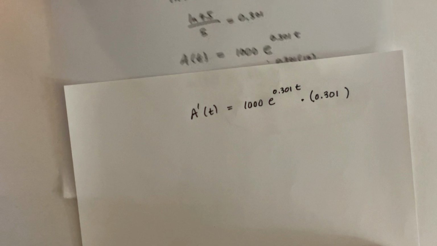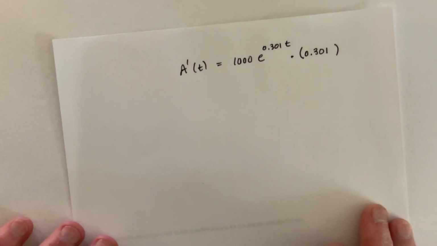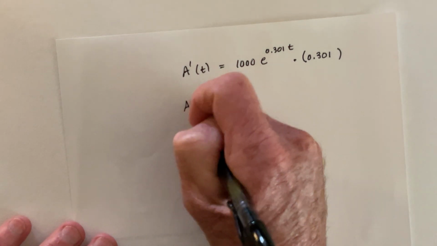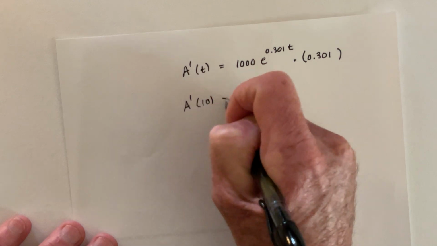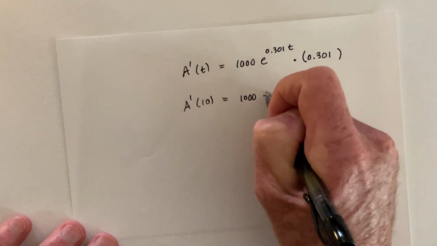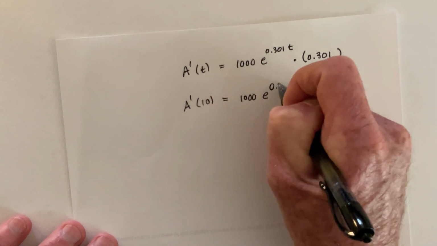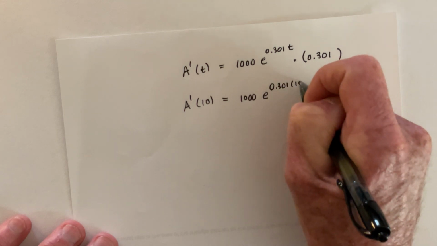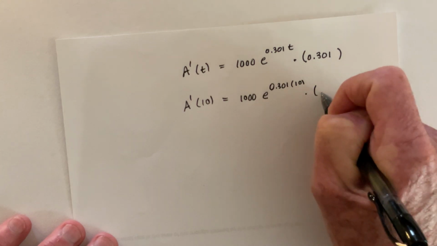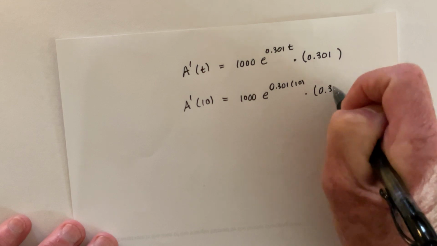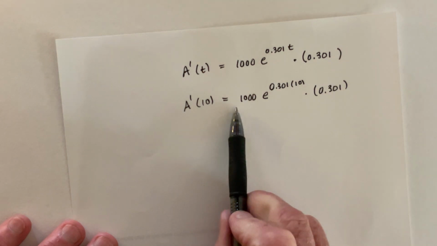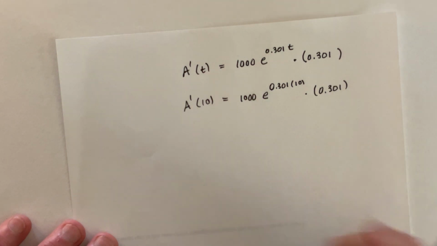And then the next thing is plug in a 10 to this one. So the derivative, when you plug in a 10, will be the 1,000, the e to the 0.301 times 10. And then because of the chain rule, it's times an extra 0.301. So this was actually the last answer that we got.